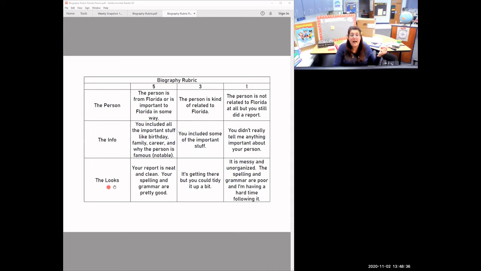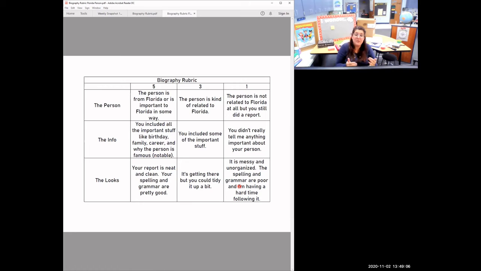And then finally, the last row is called the looks. If your report is neat and clean and your spelling and grammar are pretty good, I'll give you 5 points. If it's getting there, but you could tidy it up a bit, you'll get 3 points. And if it's messy and unorganized and the spelling and grammar are poor and I'm having a hard time following it, you'll get 1 point.